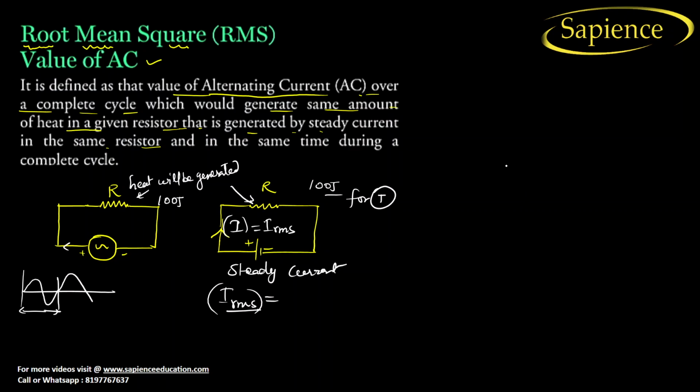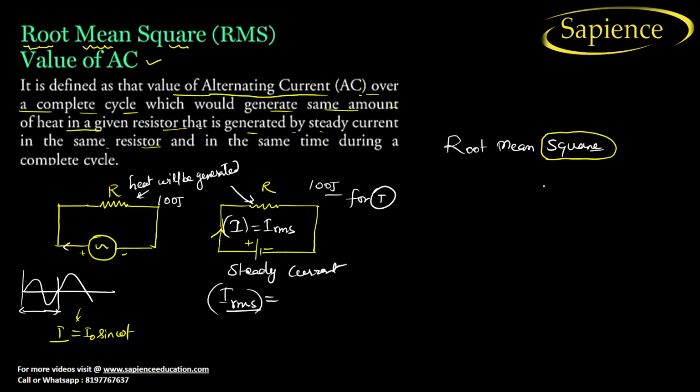Now how to find IRMS? RMS means root mean square. So first of all, you need to take the square. Square of what? Instantaneous current. Here the current is not constant, so the value of current I is equal to I naught sine omega t.